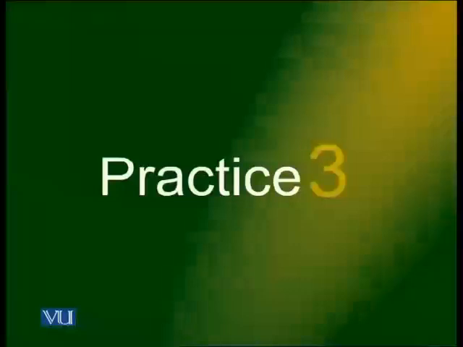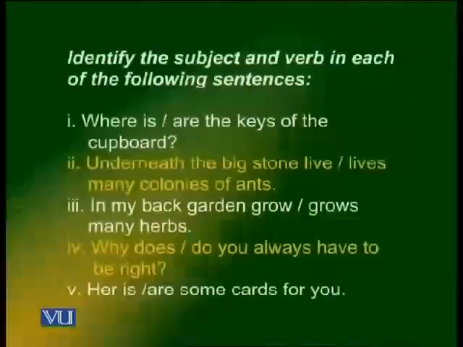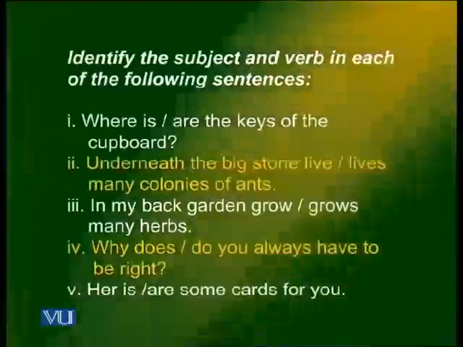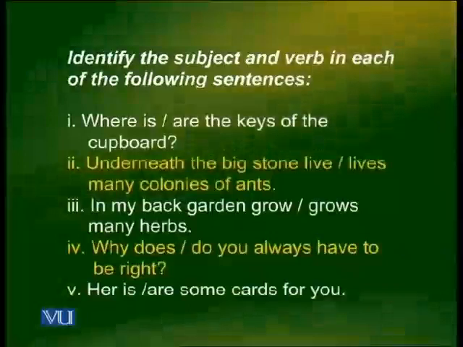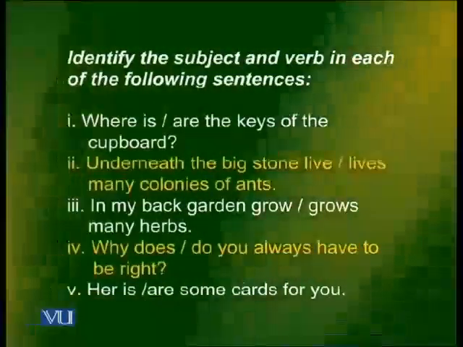Now, here again is some practice for you, and you identify the subject and the verb in each sentence. Number 1, where is or are the keys of the cupboard? Now what is the verb?